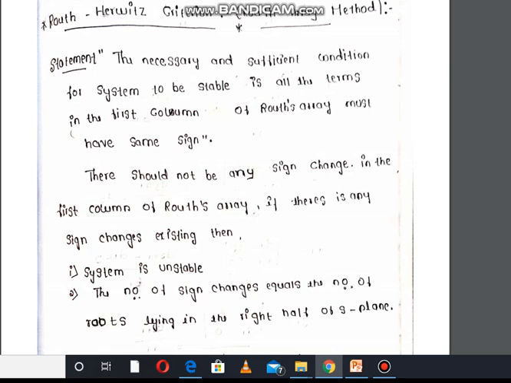The number of sign changes equals the number of roots lying in the right half of the S plane, or the number of positive roots present.